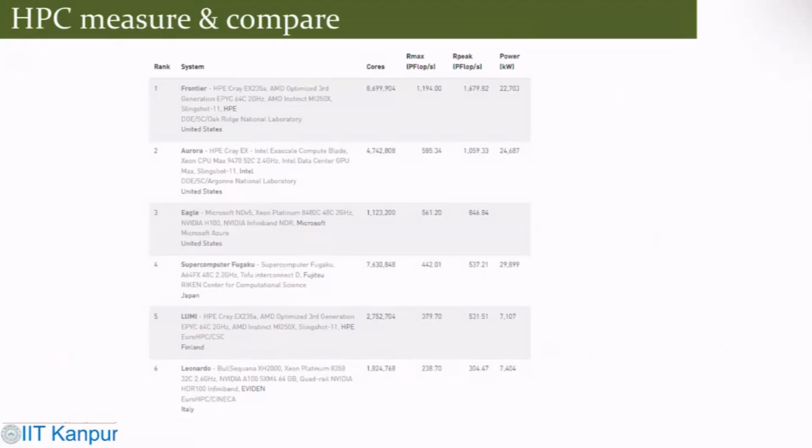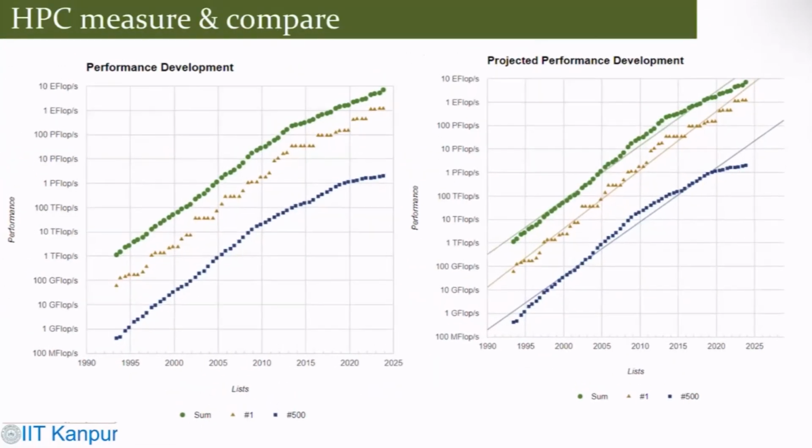So these are some of the top computers based on their performance, but you can go to the Top 500 site and get this data. It is not something hidden or not available. These are readily available, and this is how performance has developed. This is what is projected, how the floating point calculations would go, and this is the projected performance.